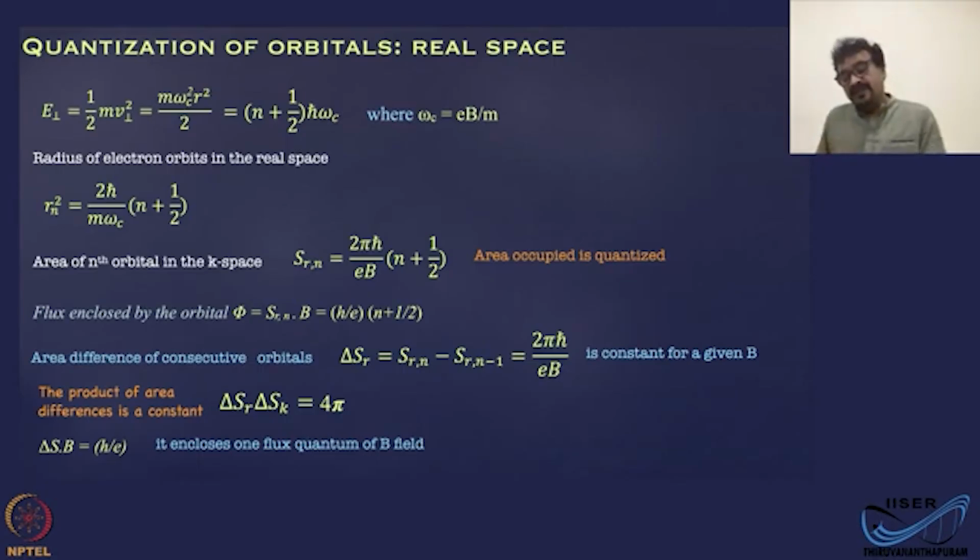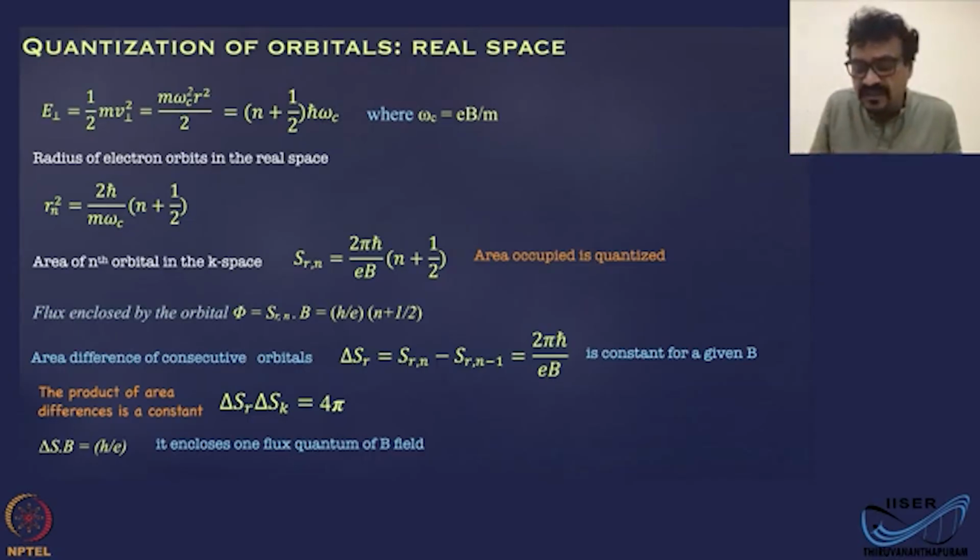So again, this is a free electron picture. Of course, that is very much applicable, because the two-dimensional electron gas is actually a free electron gas, which obeys the Fermi-Dirac statistics. Okay.